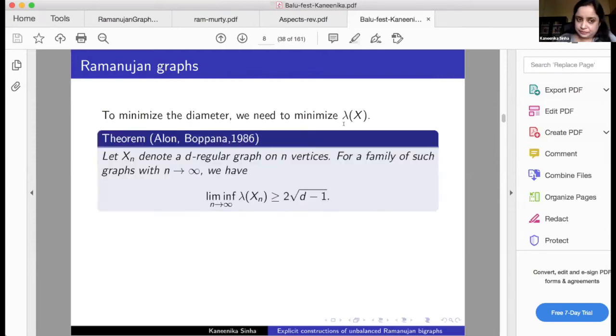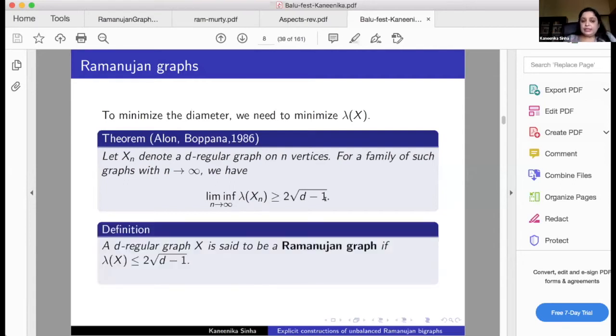So in this connection, there's a very famous theorem of Alon and Boppana in 1986, which says the following. Suppose you take some positive number d and fix it, and you consider d-regular graphs on n vertices. Then as n goes to infinity, the limit infimum of lambda of X_n is greater than or equal to 2 times the square root of d minus 1.